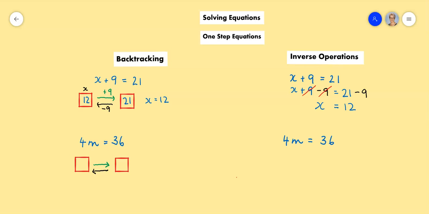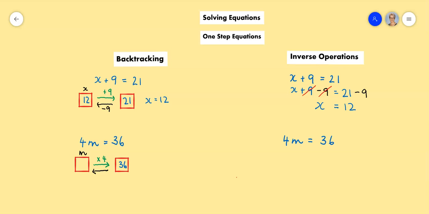Now let's look at the second equation. 4m is equal to 36. Now 4m means 4 times m. So we have m here as our unknown number. And the first thing we do to m is we times it by 4. And we get 36.